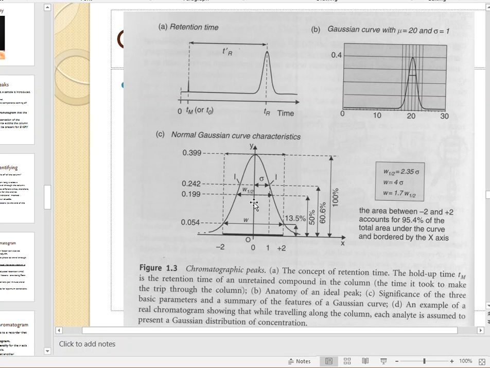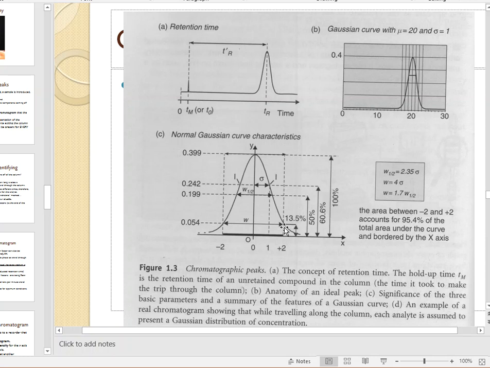And there's a couple of measurements that we can use and statistical parameters that we can use to make sure that it is Gaussian shaped, meaning that here at the peak, that is the retention time, and we can do a standard deviation, and we've got 1 standard deviations and 2 standard deviations and 3 standard deviations that can come from it.